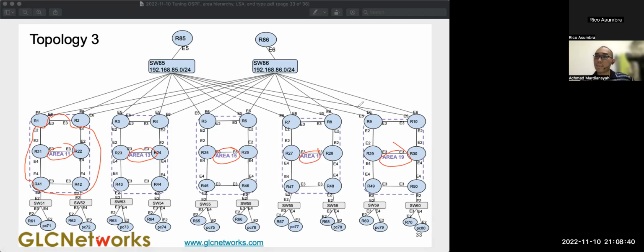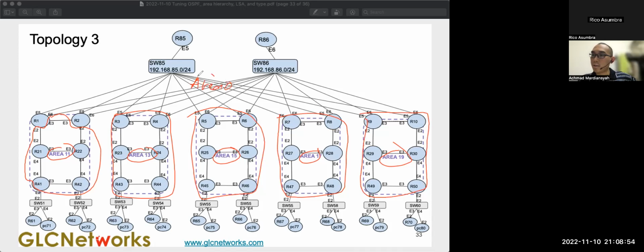Okay, and then what about area 0? Yeah, so this is area 0, aka backbone. So this area here is called area 0.